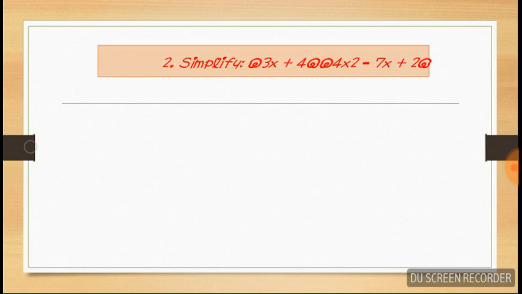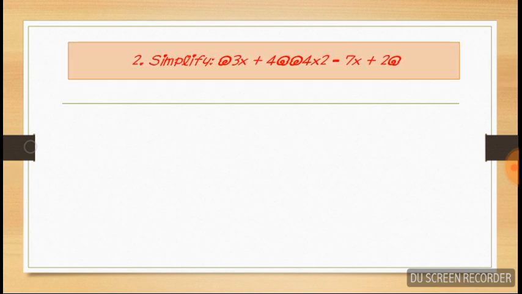Now let's proceed to number 2. Simplify 3x plus 4 times the quantity 4x squared minus 7x plus 2. As you can see, the first quantity, 3x plus 4, has two terms, that is 3x and 4. In our second quantity, there are three terms, that is 4x squared minus 7x plus 2.